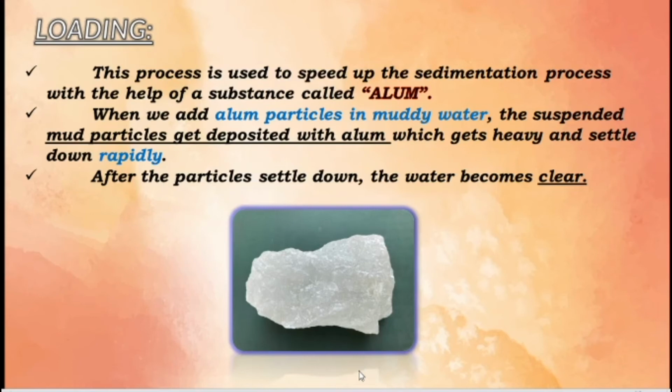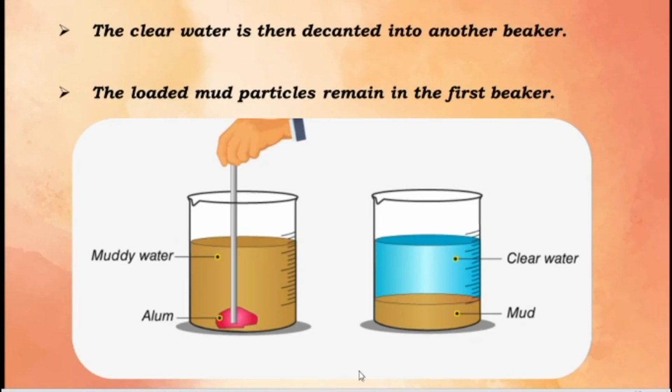This is helpful for the sedimentation process. The process of adding alum is called loading. The clear water is decanted to another beaker and the mud particles remain in the first beaker. So this is the sedimentation, decantation and loading process.